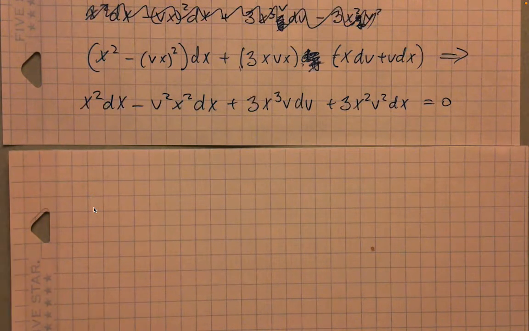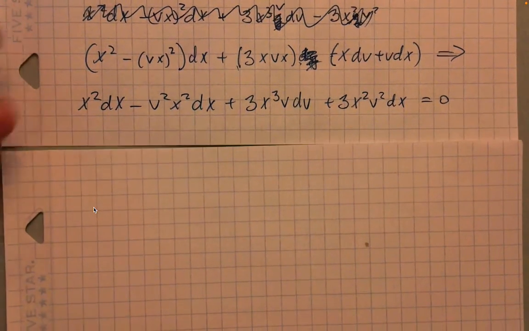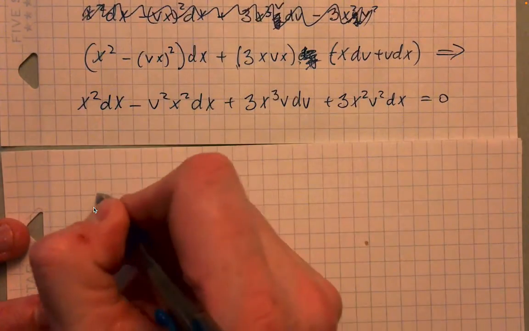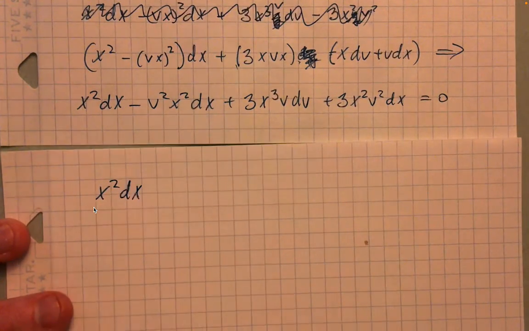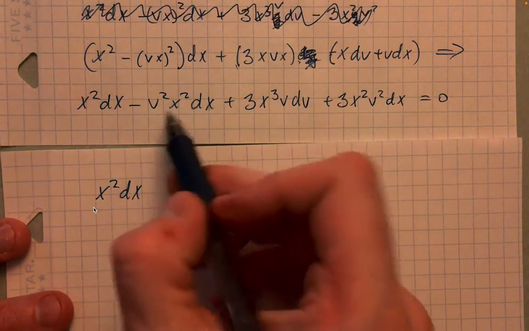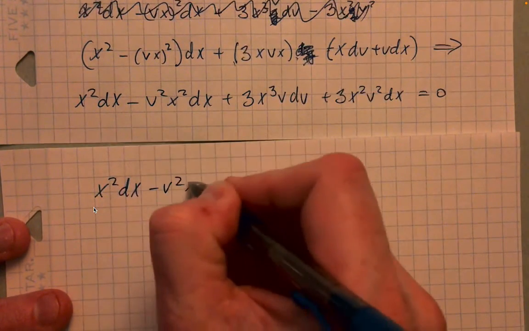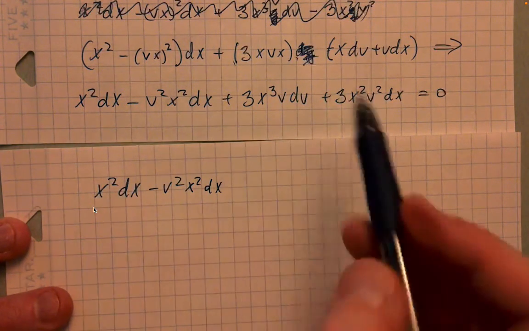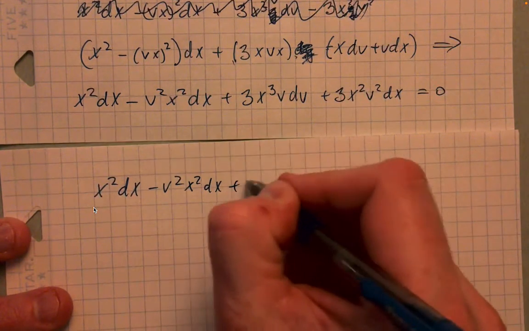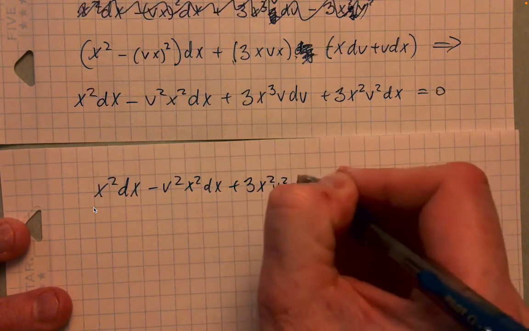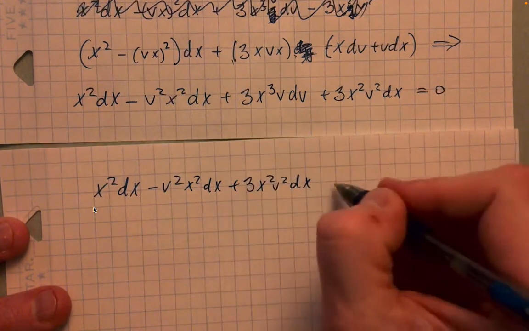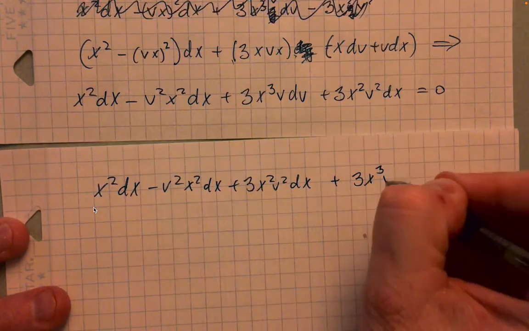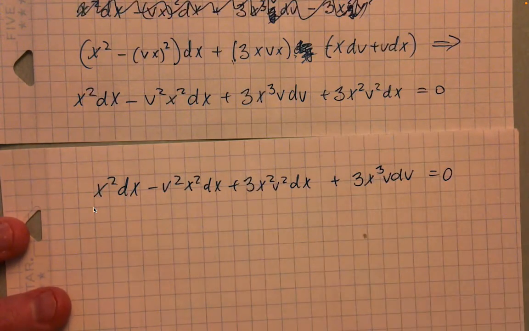Okay, so now we want to do some grouping. We're going to group some of these terms together. I'm going to take the x squared dx, and then I'm going to take the v squared x squared dx, so this next one. And then I want to take the last term, plus 3x squared v squared dx. Now why am I doing that?